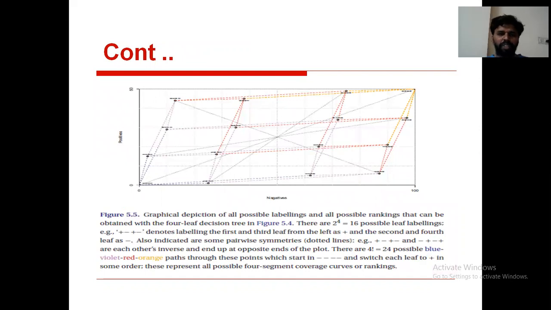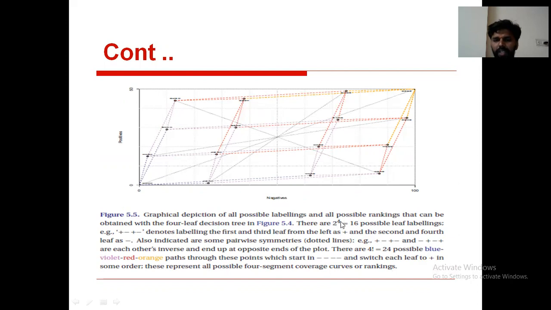Now, observe this figure. This figure depicts all possible labelings based on the ranking. Here, yellow color is appearing, red color, and one more color. In figure 5.4, how many classes are there? 2 classes.